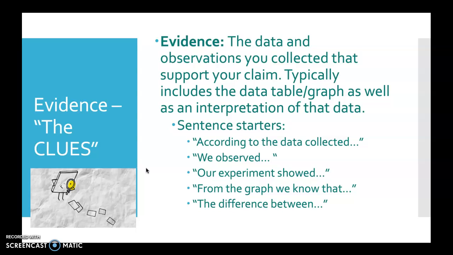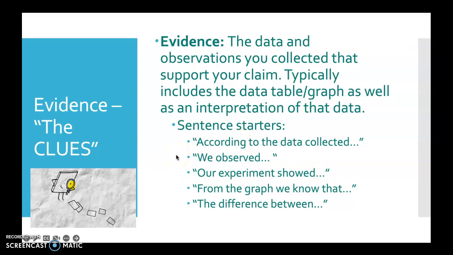For instance, if we were talking about the drops on a penny, you wouldn't just say, oh, there was a different number of drops for the soapy water than the plain tap water. That's not enough evidence. You would want to give the actual numbers that you collected, whether it be the individual data points or the averages. Talk about what the numerical difference between them is. All of that goes into your evidence.